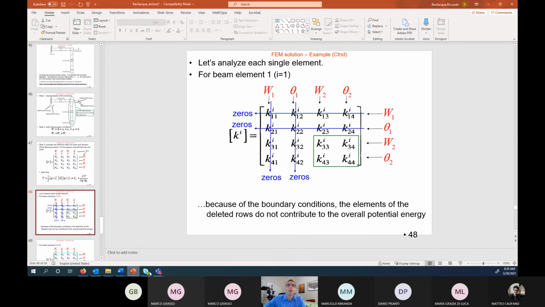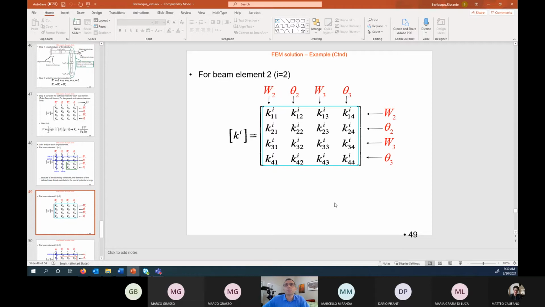For example, for element number 1, the W1 and theta 1 components do not contribute in any way, so I have a bunch of zeros. That is because of the boundary conditions. We delete those rows and columns because they do not contribute to the energy. They cannot change. W1 and theta 1 were set to be 0 at all times. And so you're only left with this.